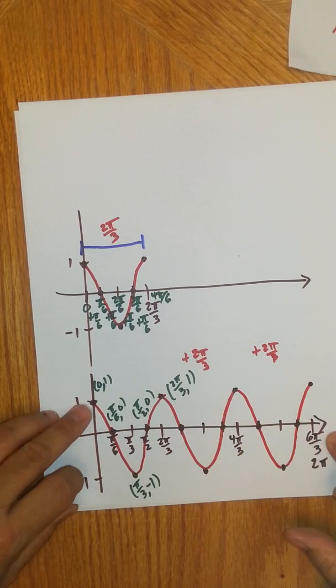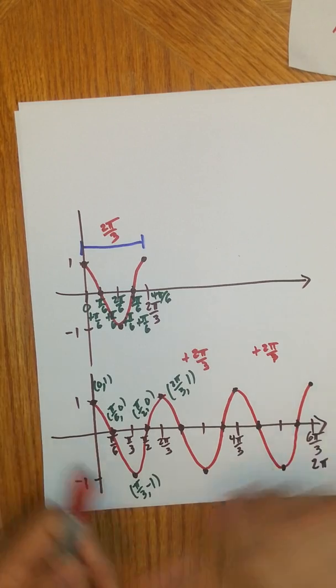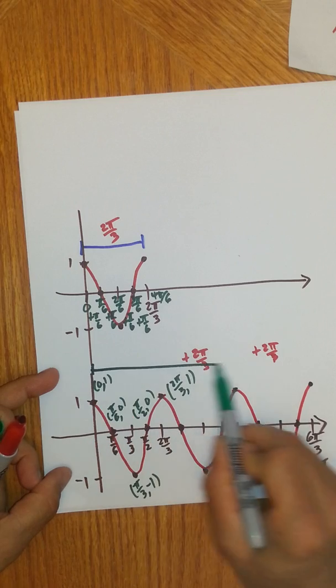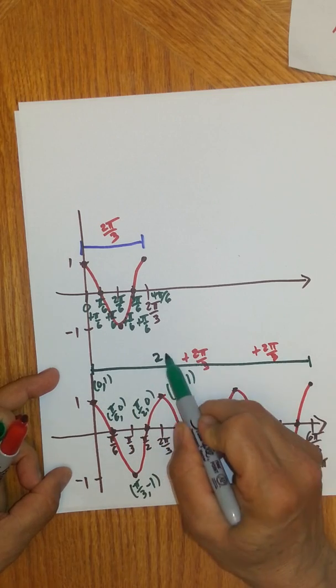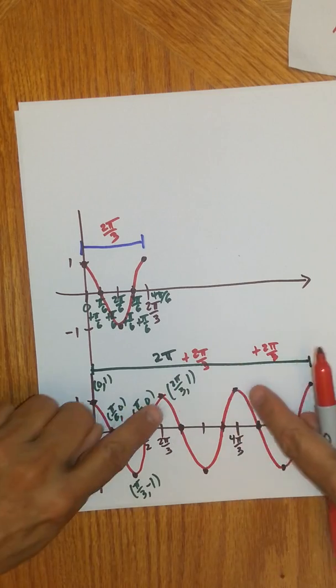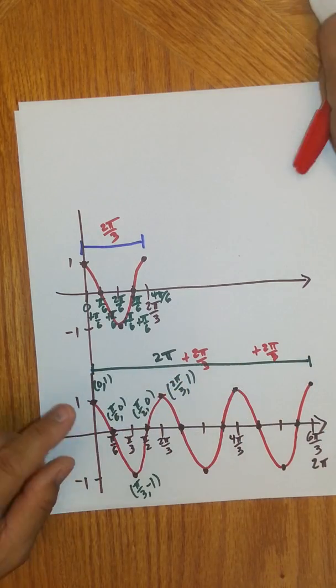And one thing you should notice is that from 0 here, all the way out to 2 pi, that distance of 2 pi, I have 3 waves. 1, 2, 3.